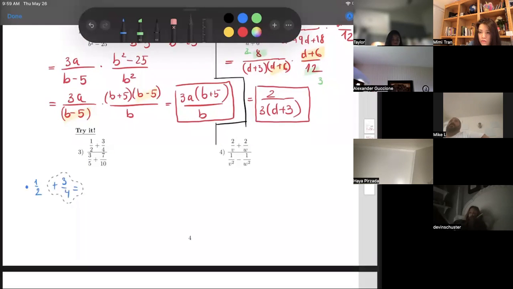No, you're thinking about the GCF. It's the LCD: something that 2 and 4 can both divide into. 4, yeah. So the first one is missing a 2, so 2/2. That gives 2/4 plus 3/4, which is 5/4.